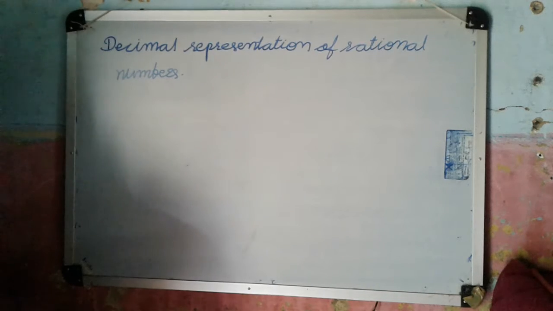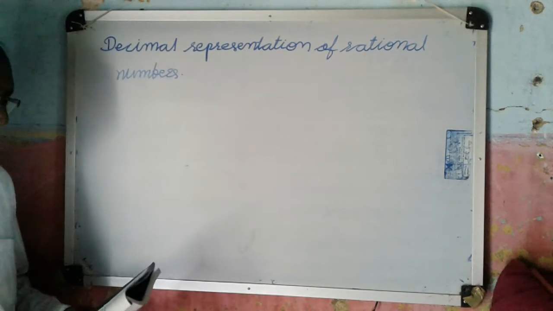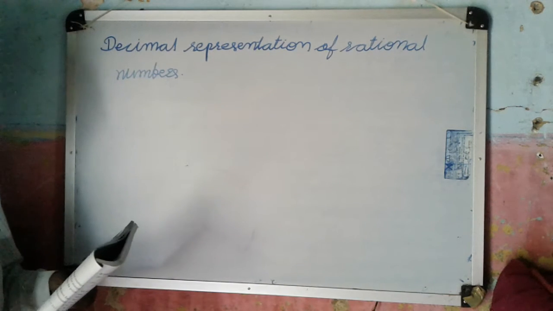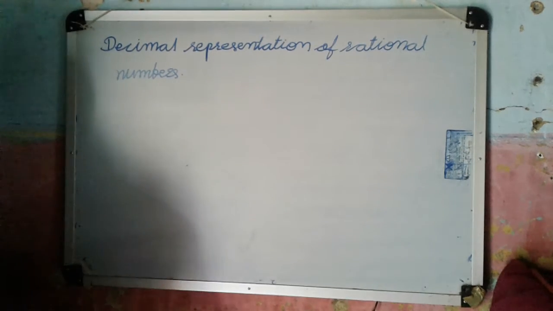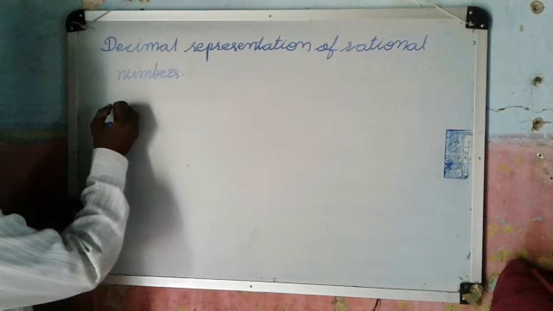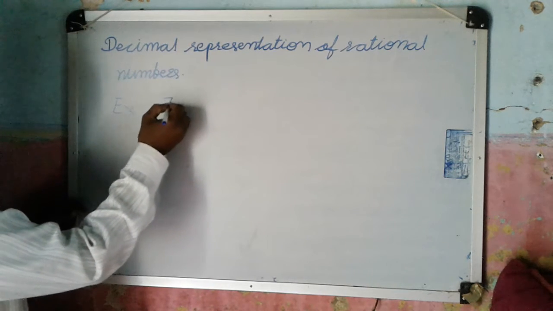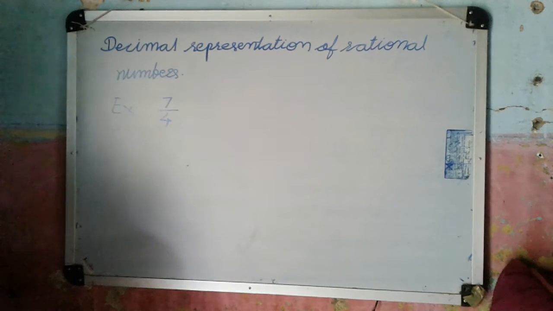Now here, how to write the rational number in the form of decimal fraction. For that, we will have one example here. 7/4.